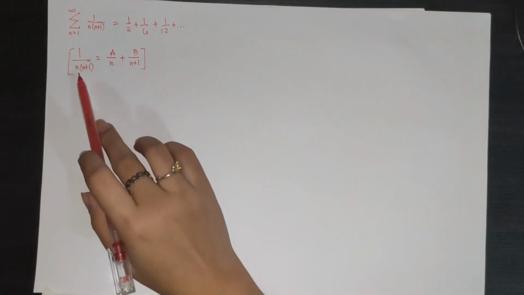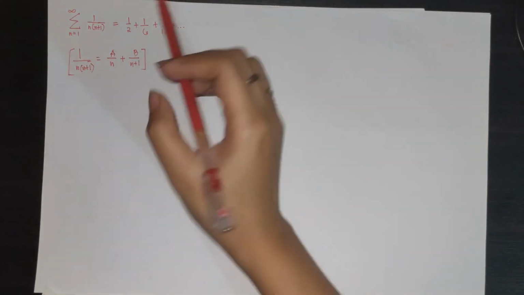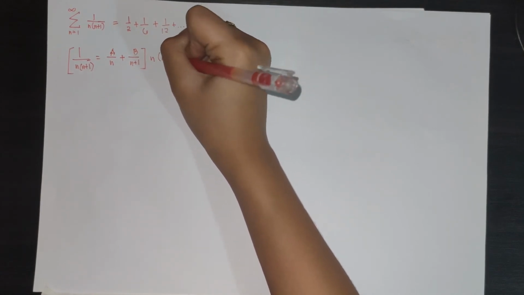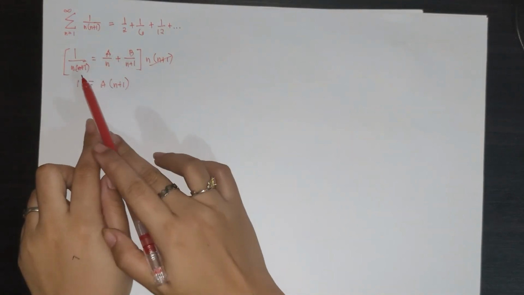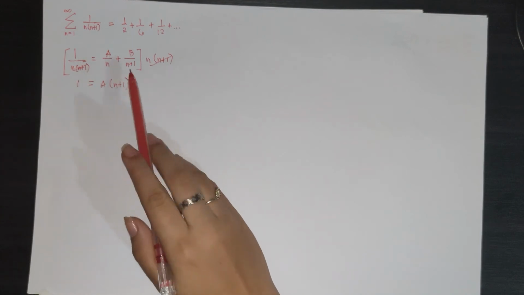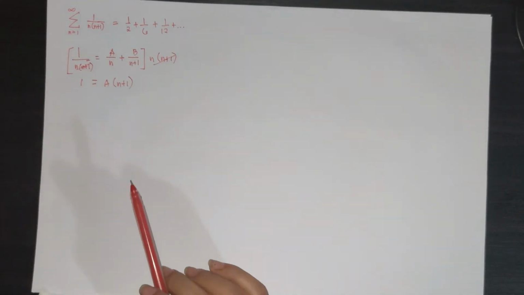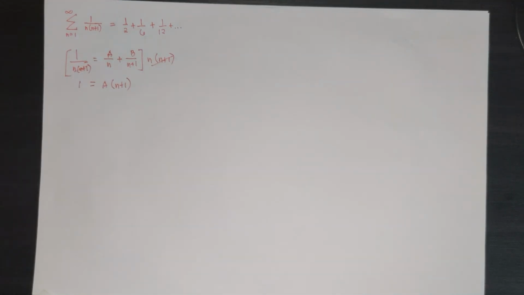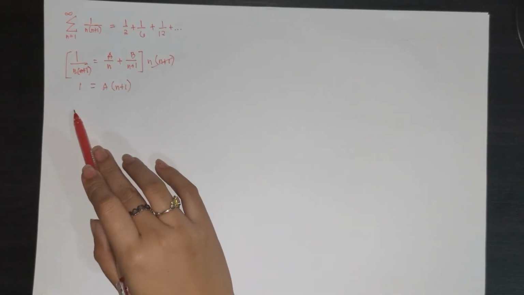So what I'm going to do is multiply both sides of the equation by n times n plus 1. When I multiply this fraction by that expression, these will cancel, so I'm just going to get 1 on the left side.